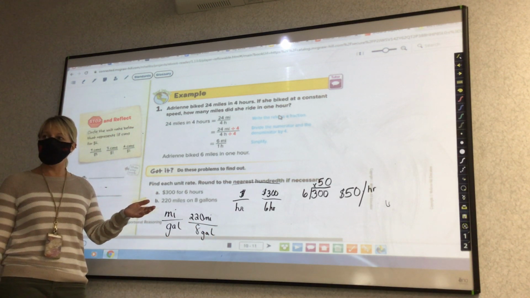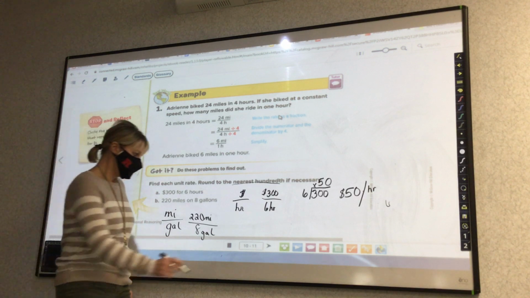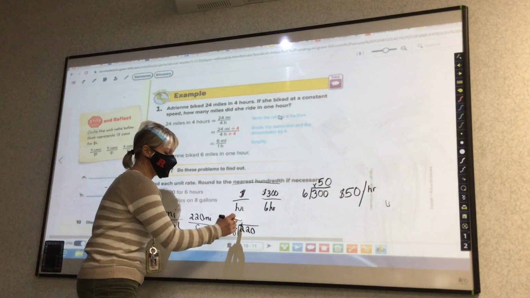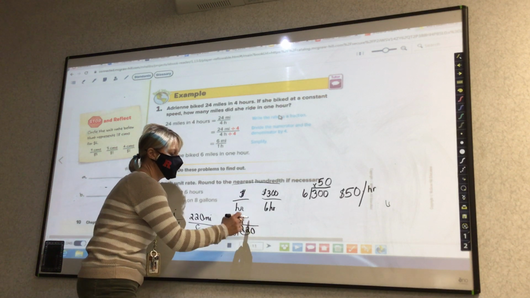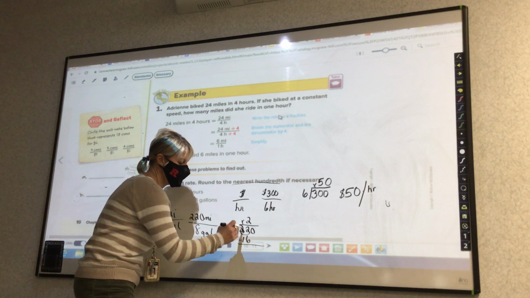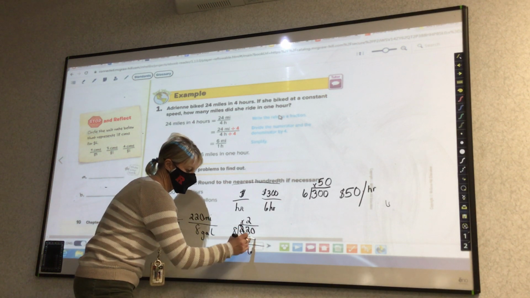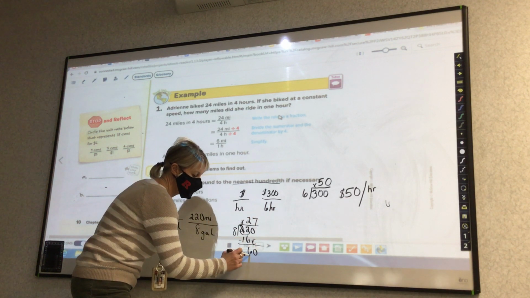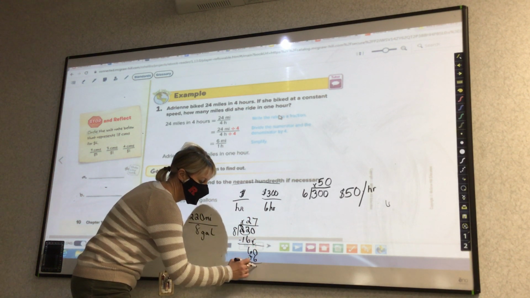Then how do I solve it? Divide. So 220 divided by 8. 8 doesn't go into 2, but it goes into 22 twice, which is 16. 22 minus 16 is 6. Bring down the 0. 7 times 8 is 56. 4 left.